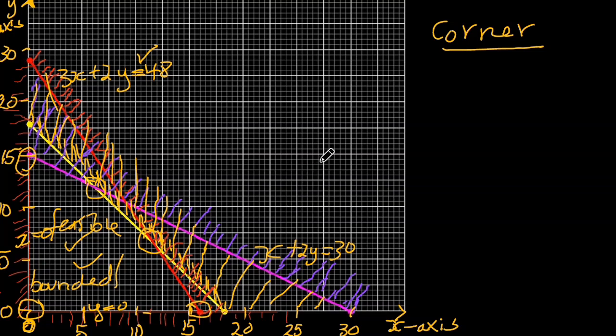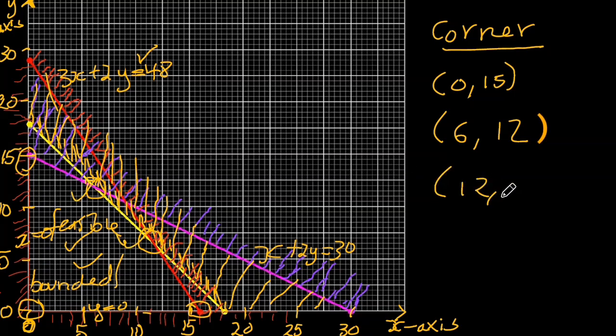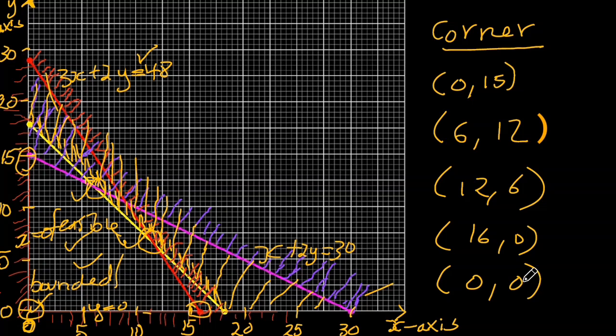If I write them down, the first coordinate is (0, 15). The second coordinate is (6, 12), this one here. The third one here is (12, 6), and the fourth one is (16, 0). Then the fifth one at this point is (0, 0). These are the coordinates that should help me maximize profit.